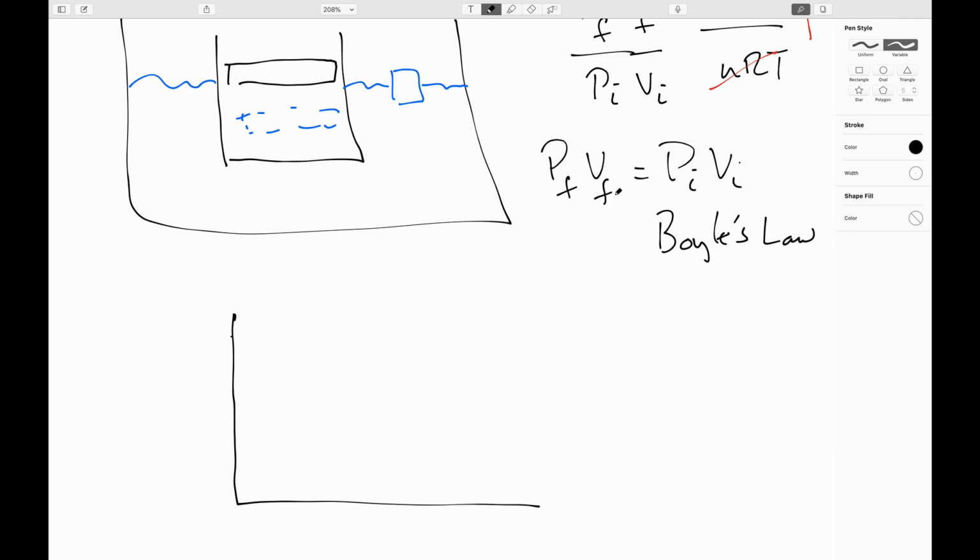So if I look here, say if the pressure doubled, the volume would have to drop in half. So you have to have some sort of an inverse relationship. So say for this process that I did here where we have a compression, that would look, say, something like this.